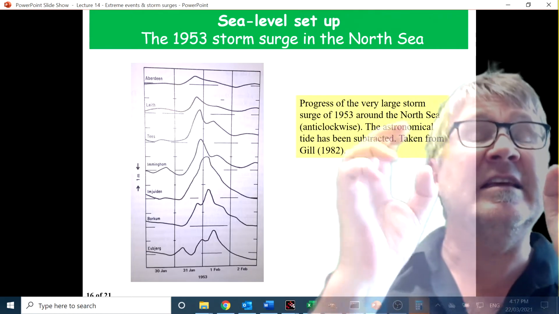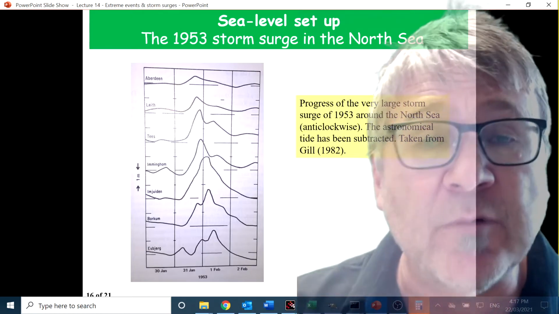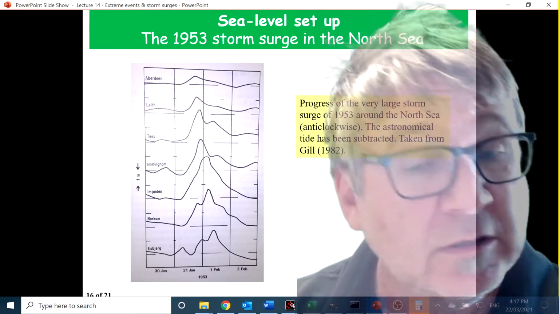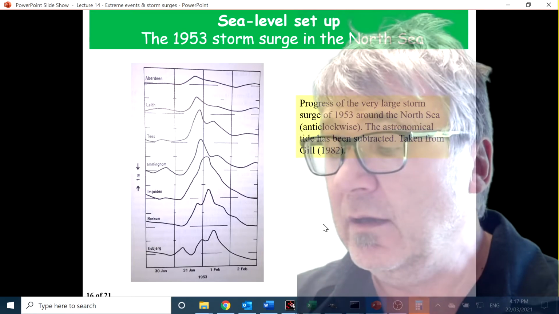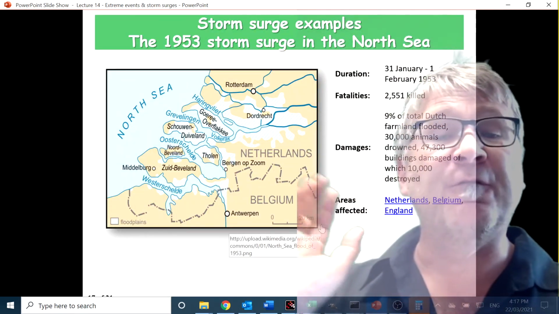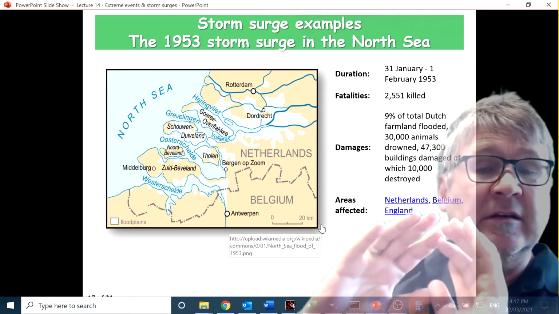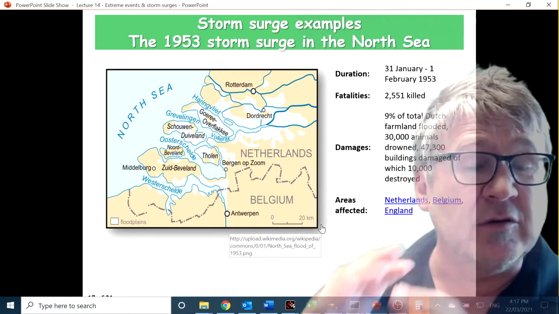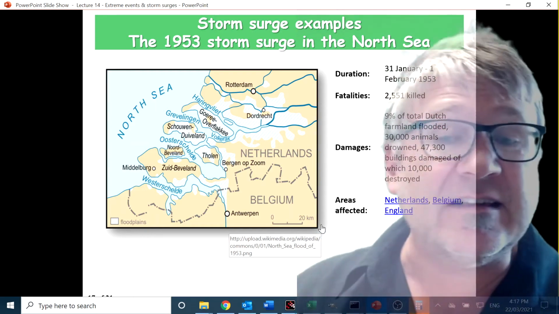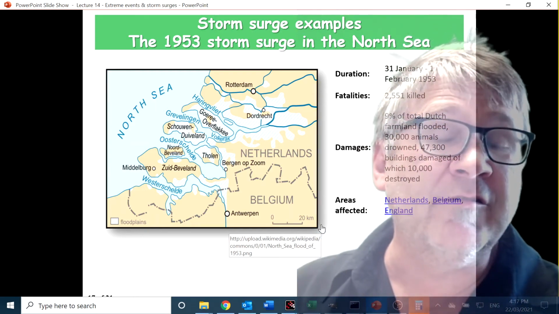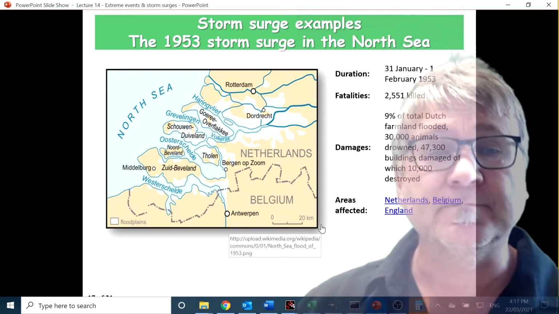Okay, so this is an example of a big coastal Kelvin wave created through a storm as it travels through the North Sea and causing tremendous flooding in the Netherlands in particular. And this is the area that was flooded. And it's also the reason why they have a dike system in the North Sea, which is fairly expensive to maintain.